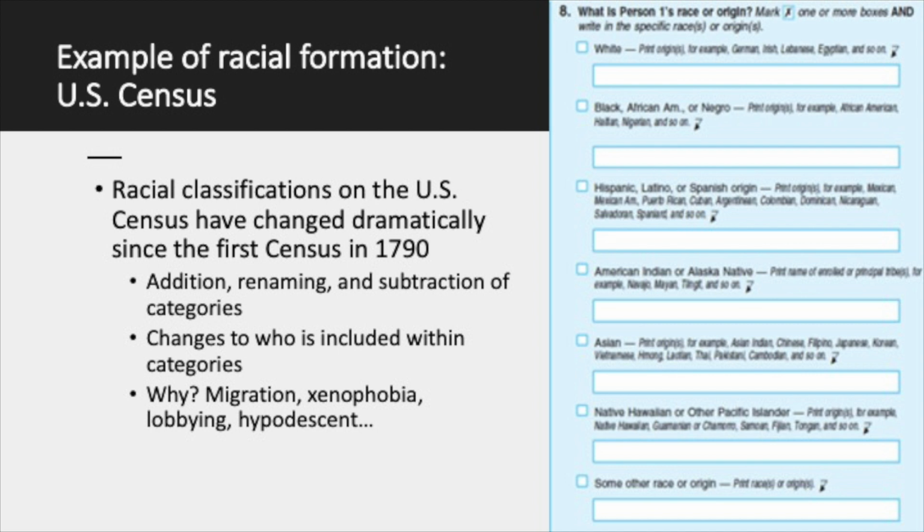So if you put white, what countries of origin did your ancestors come from? And so this is a way of breaking down race into nationality. We can talk more about this in class, but I do want you to see the US Census as an example of the construction of race, because we see changes in how race is classified across time in the census.